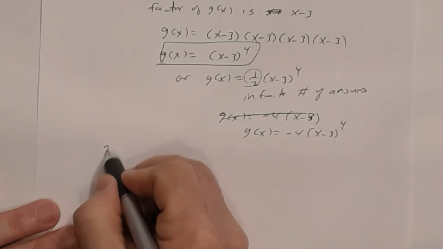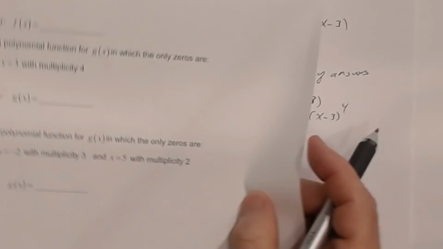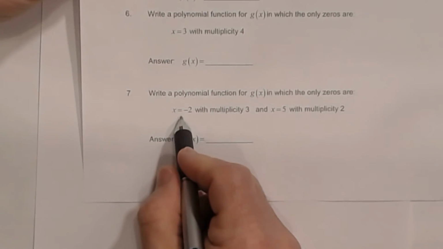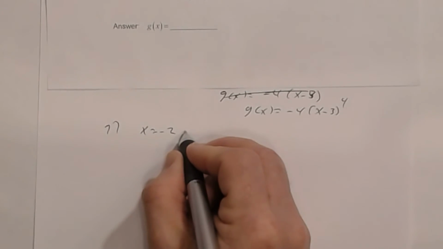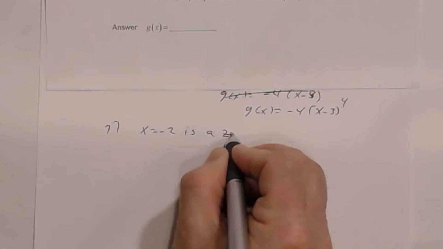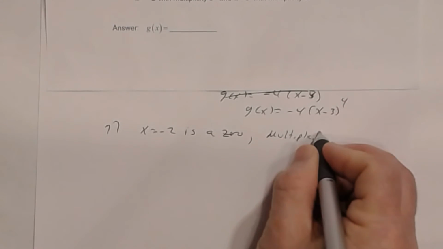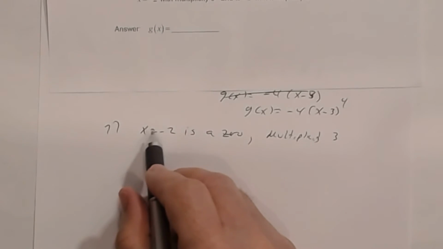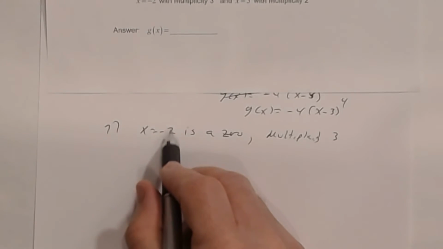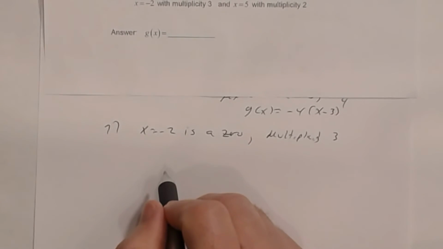All right, number 7. This time in number 7, you're told that -2 is a 0 with multiplicity 3, so x equal -2 is a 0, but it has multiplicity 3, which means the factor x plus 2 would occur 3 times in your function.